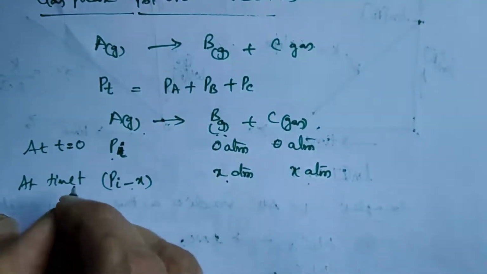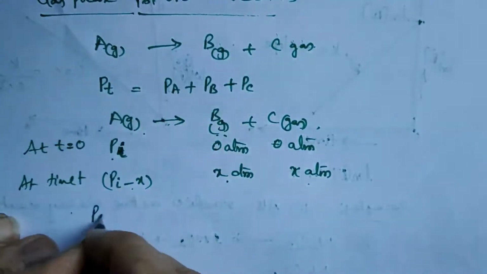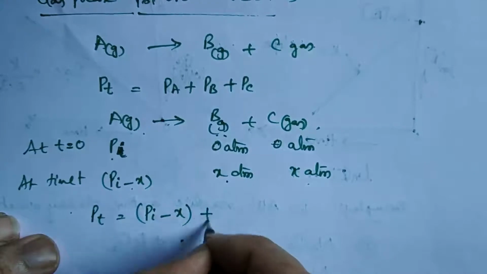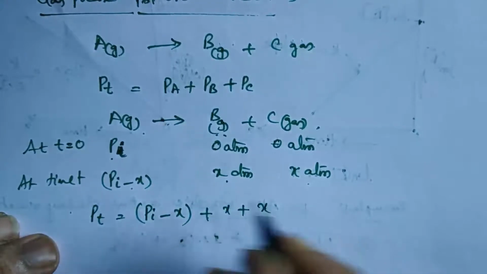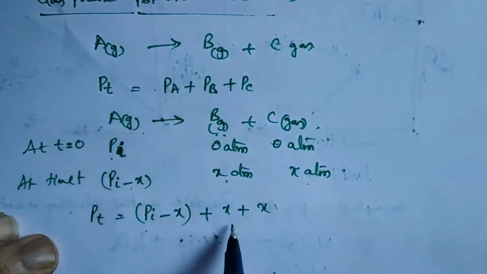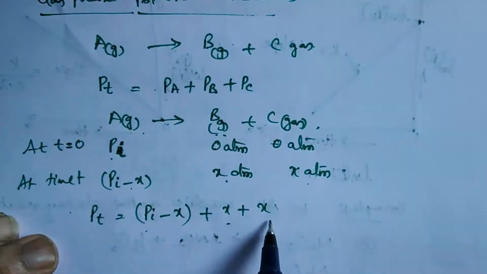The total pressure as per Dalton's law, PT is equal to PI minus X plus X plus X, that means PA plus PB plus PC, where PA is PI minus X, PB is X, and PC is X.